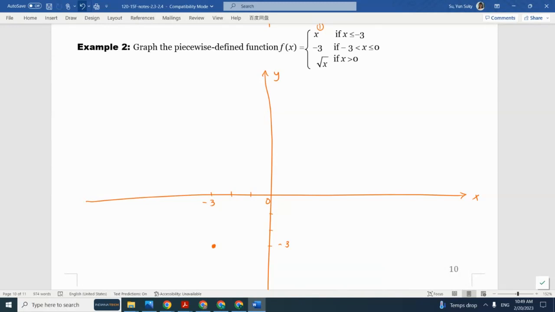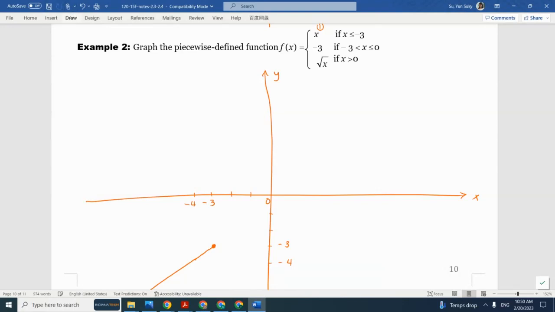X less than or equal to, so it's on the left side. Can I plug in -2? No. Plug in -4. And because it's x, we get -4. And then we connect them. We know it's a line. That's the first piece. So far, so good, everybody?